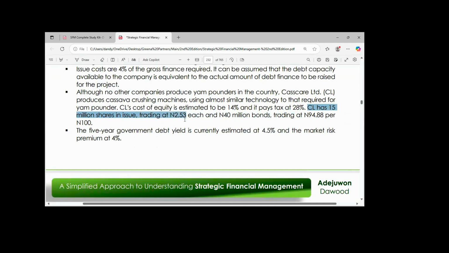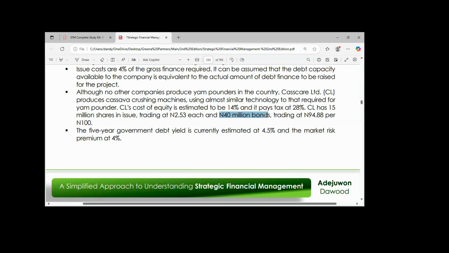So to get the equity value, we multiply 15 million shares by 2 naira 53 kobo each. Then also 40 million bonds trading at 94 naira 88 kobo per 100 naira.